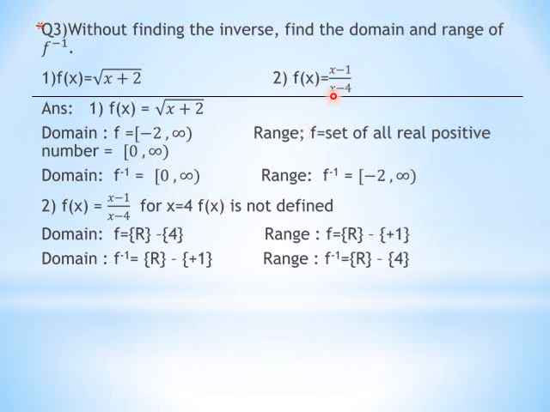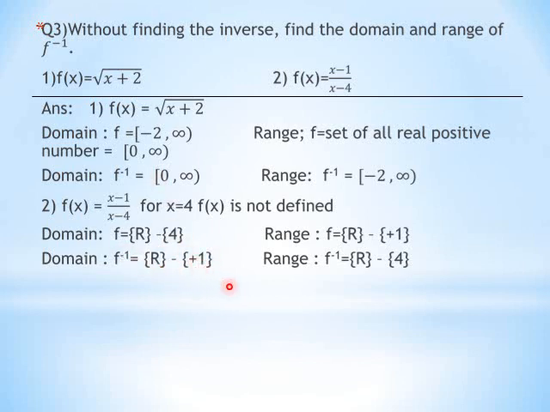So I cannot put 4 here. Why? Because 4 minus 4 is 0, and something upon 0 is undefined. So all real numbers except 4, that is the domain. So the range of the inverse of this is all real numbers except 4. Okay, and what you can get, all real numbers.